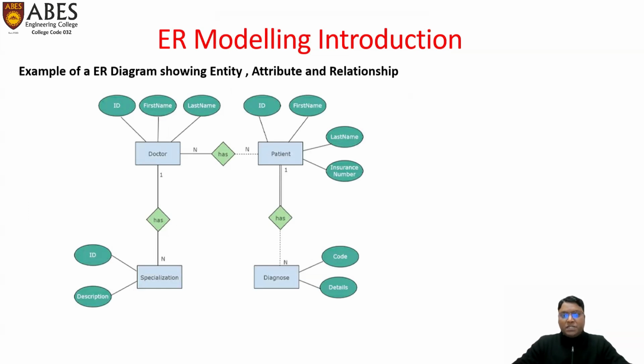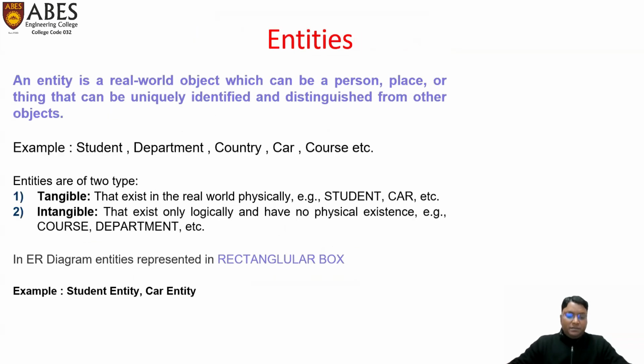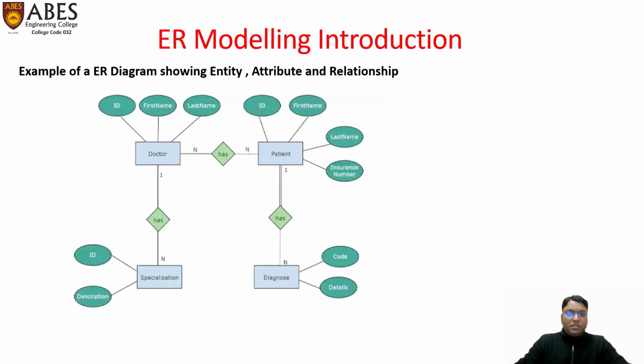The rectangular boxes shown in this diagram are known as entities. The oval shapes are called attributes. Like if we consider doctor, doctor has three attributes: number one, ID; number two, first name; number three, last name.